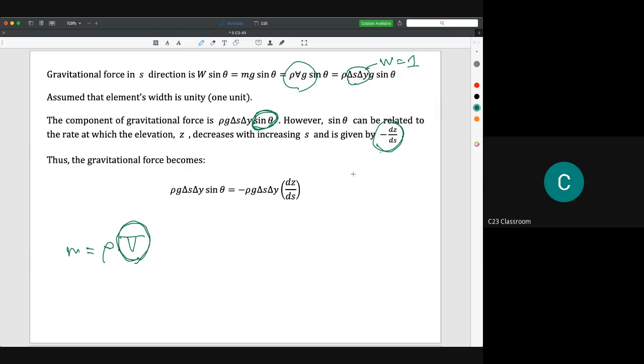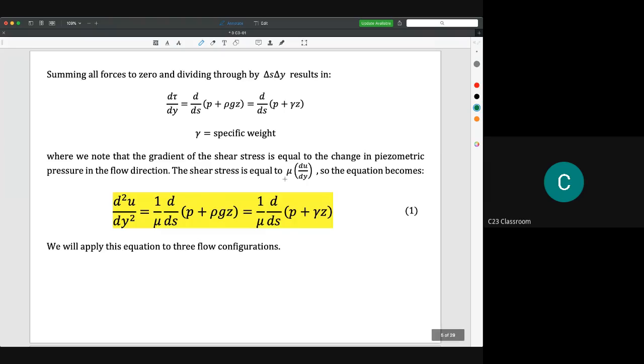The gravitational force can now be described as this one, so we substitute the value of sine theta here and replace it with minus dz ds. Then we sum all the forces. I hope you can do this at home.